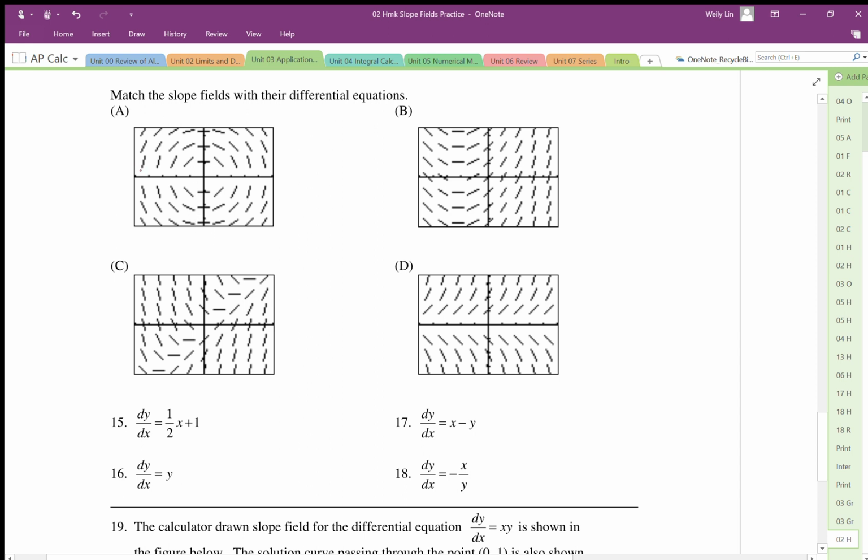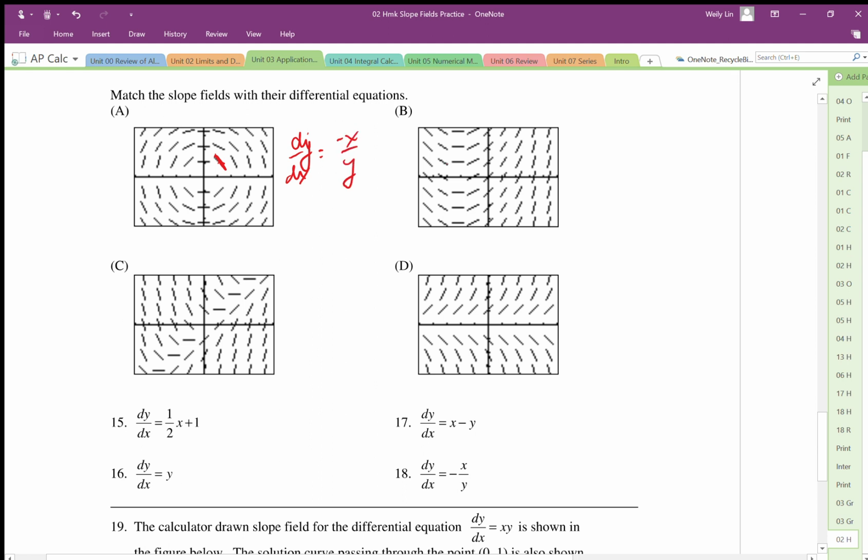All the y equals 0 coordinates look like they're giving me vertical slope, so that looks fairly consistent. And if I just test one point, 1, 1, negative 1 over 1 is going to be that slope there, so it checks out. So this is going to be dy by dx is equal to negative x over y.